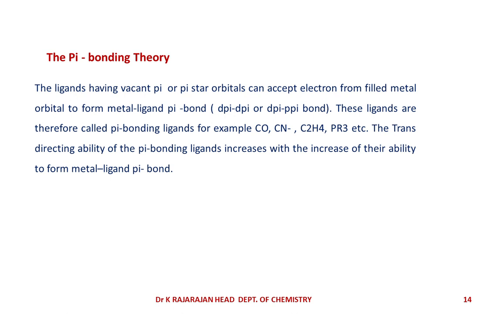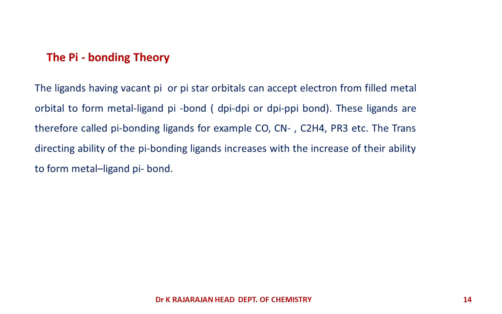Now let's see what the pi bonding theory is. The ligands having vacant pi or pi star orbitals can accept electrons from filled metal orbitals to form a metal-ligand pi bond. So the pi bond may be d pi-d pi or d pi-p pi bonds.